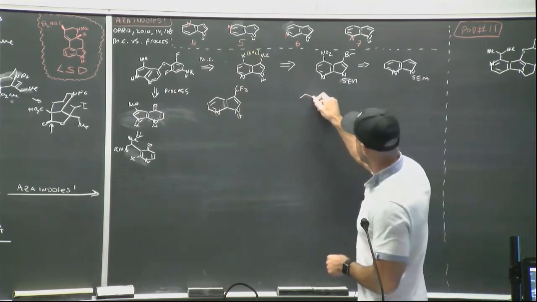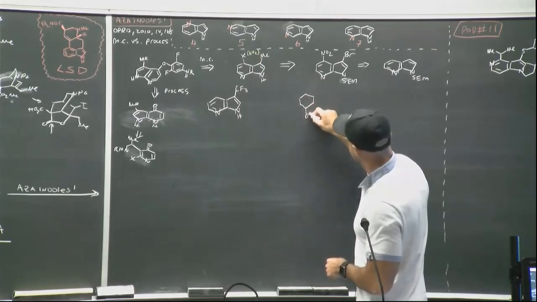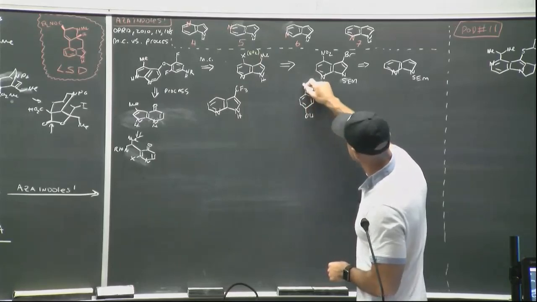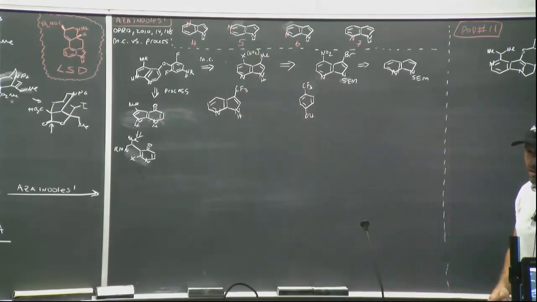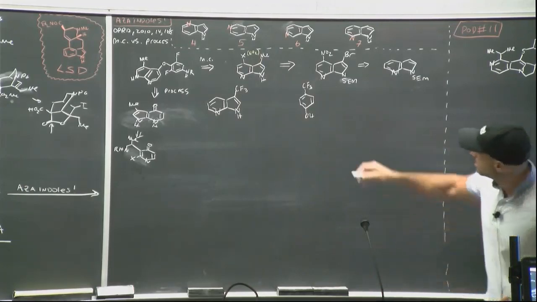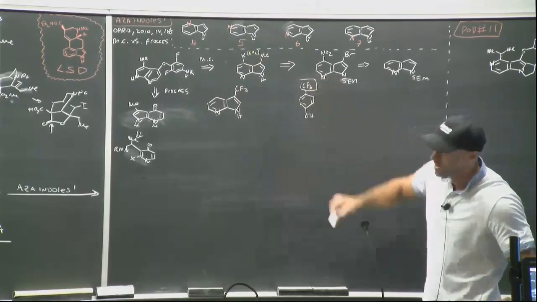In fact, that strategy can be used quite often. For instance, a few years ago, BMS had an Org. Lett. on this exact topic, where you can take what they call anionically activated trifluoromethyl groups, because these are in the oxidation state of a carboxylic acid.